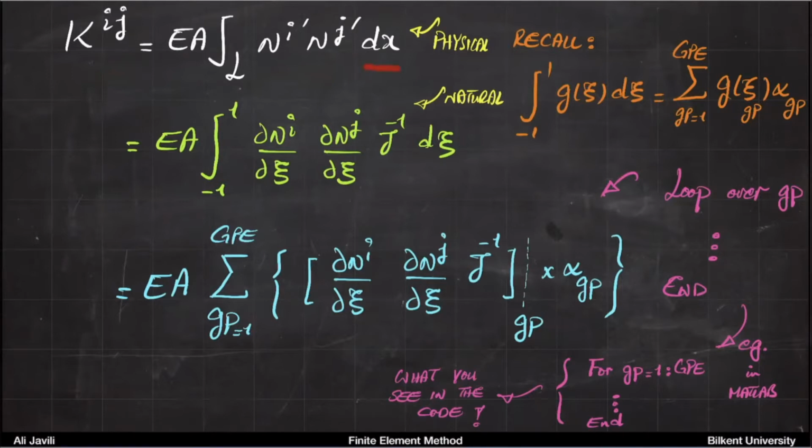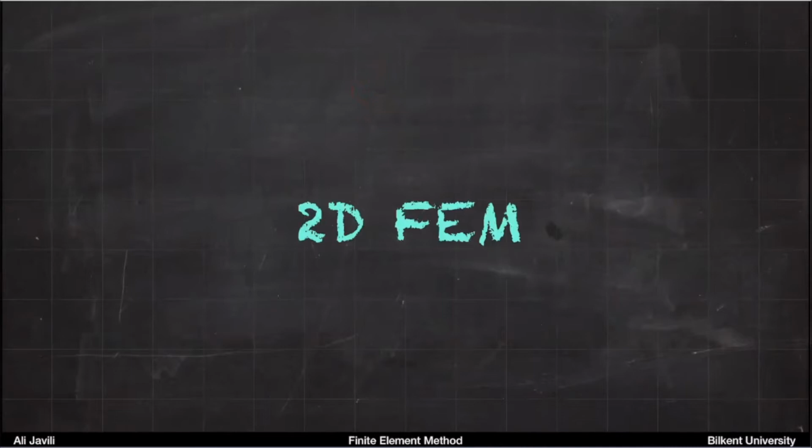And then integral of that over the physical space. And also what we do in 2D is also the same. We transform the physical space into natural space, and then we use Gauss quadrature for that. Okay, so we want to do that. That's the essence of the two-dimensional finite element method.